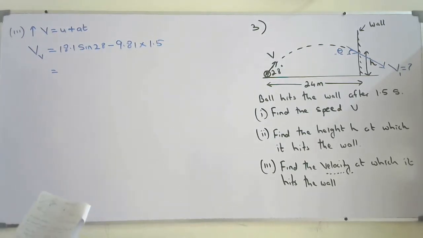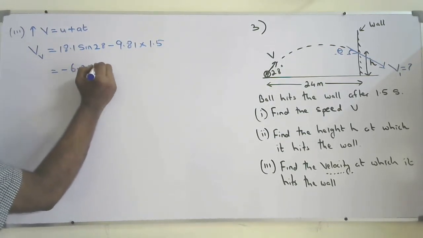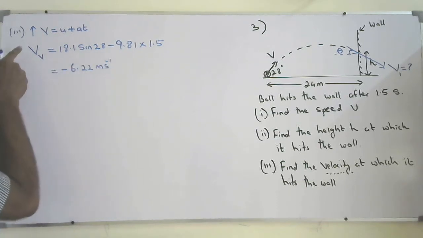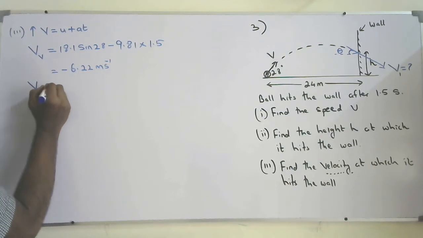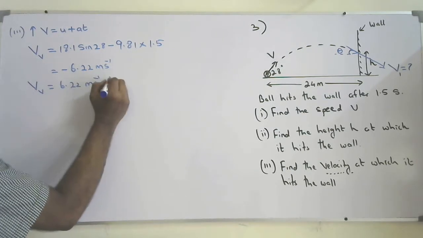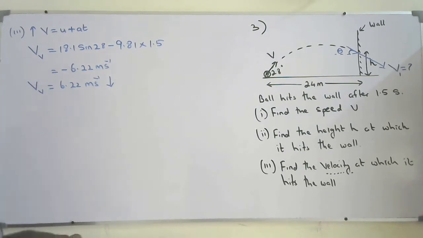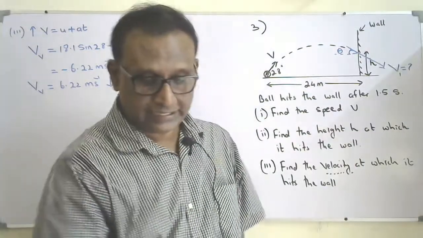Solve it, you will get negative 6.22 meters per second. So I took the upward direction, and I'm getting a negative one. So the vertical component is 6.22 meters per second in the downward direction, just before hitting the wall.